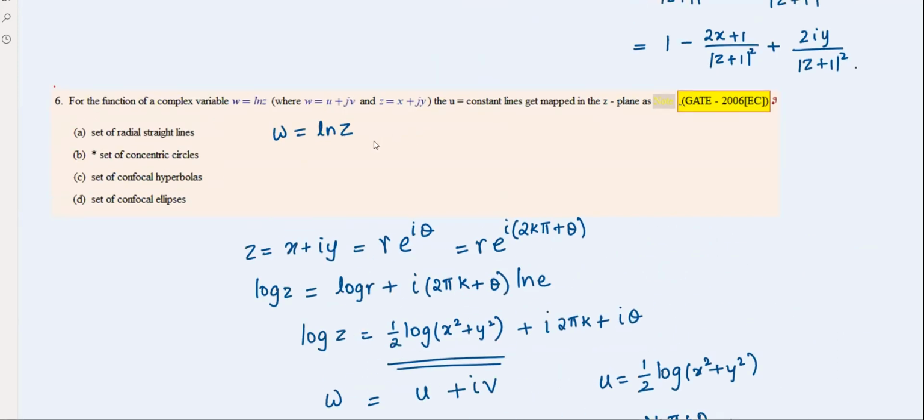So let's go back to the options. U equal to constant lines get mapped in the z plane as a set of concentric circles. So this is the correct option.